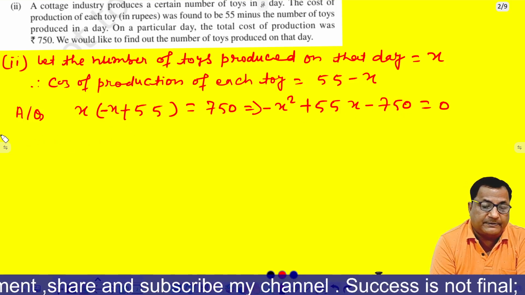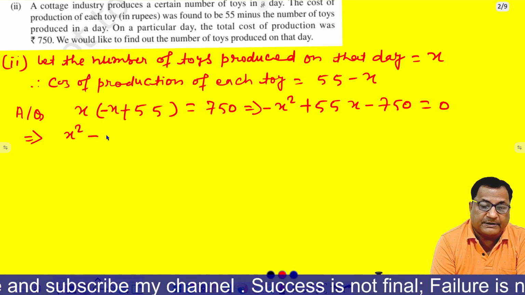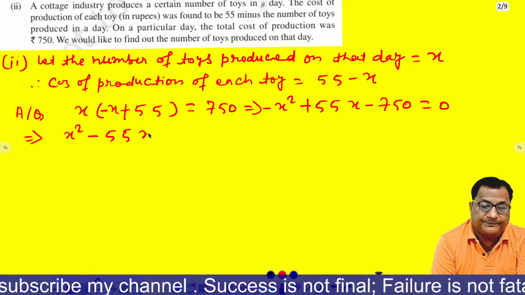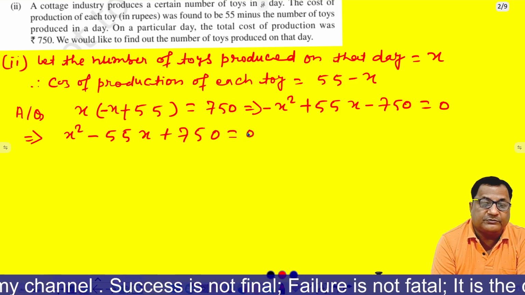If you multiply by minus, then the equation will be x square minus 55x plus 750 is equal to 0.